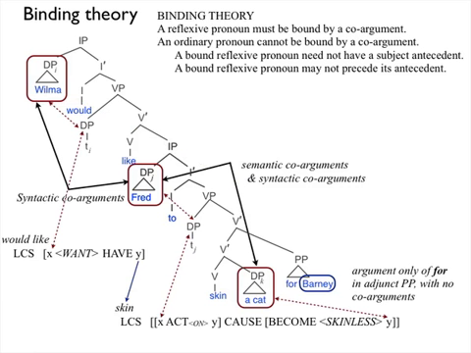It's not being bound by a co-argument, because the hypothesis is that it doesn't have a co-argument. How about here, for Fred to skin a cat for him? Is that okay, where him goes with Fred?